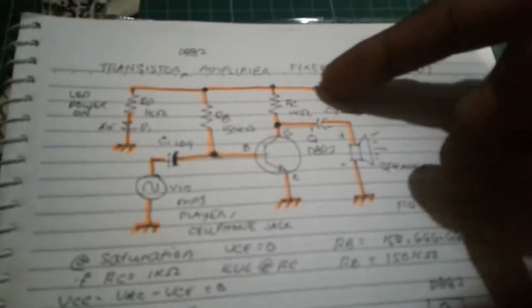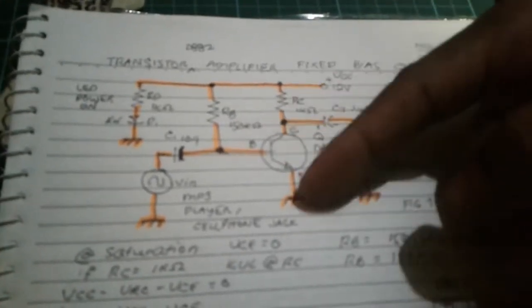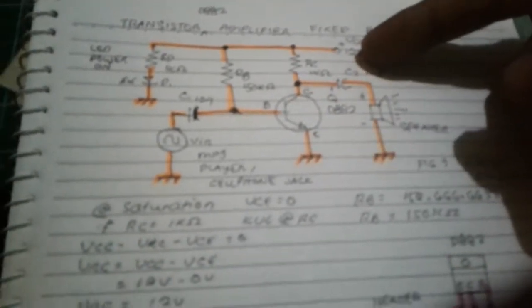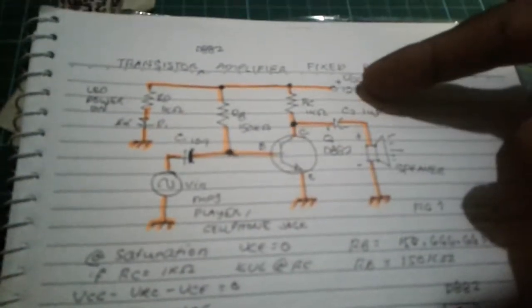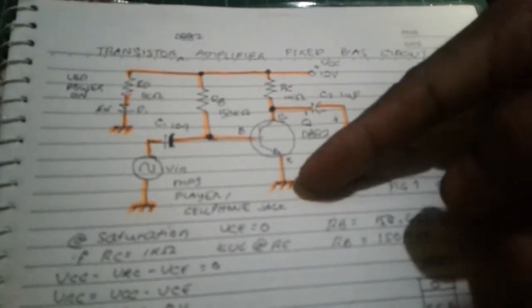So at saturation, computing for the saturation mode of the transistor using KVL, that is VCC minus voltage drop at the RC, and then to the VCE, and then to the ground.